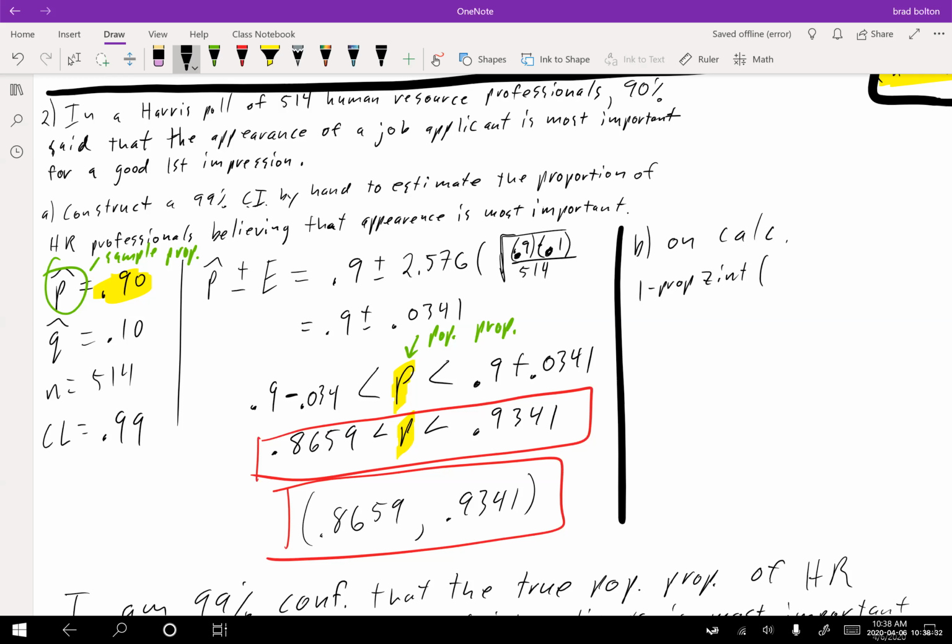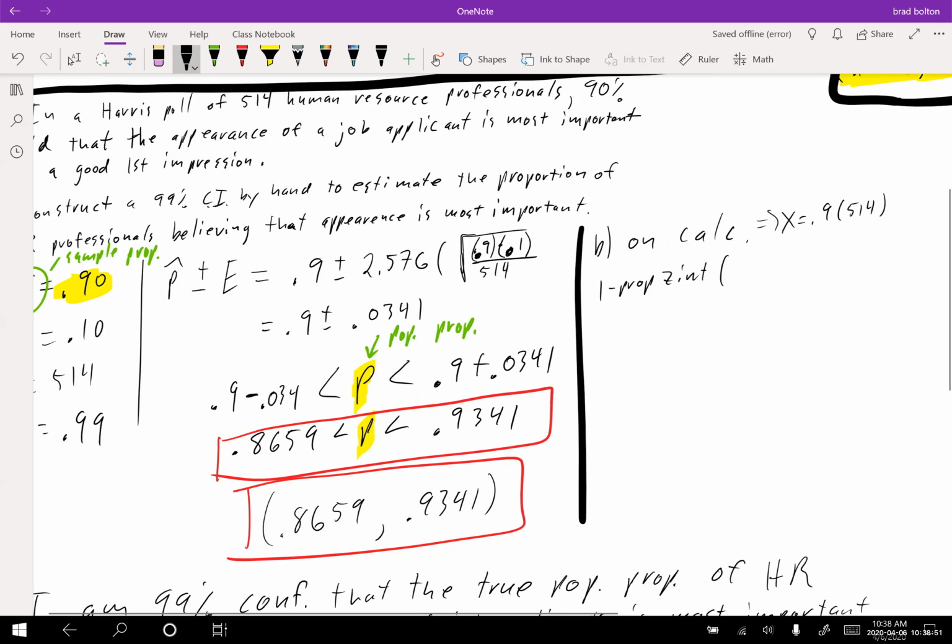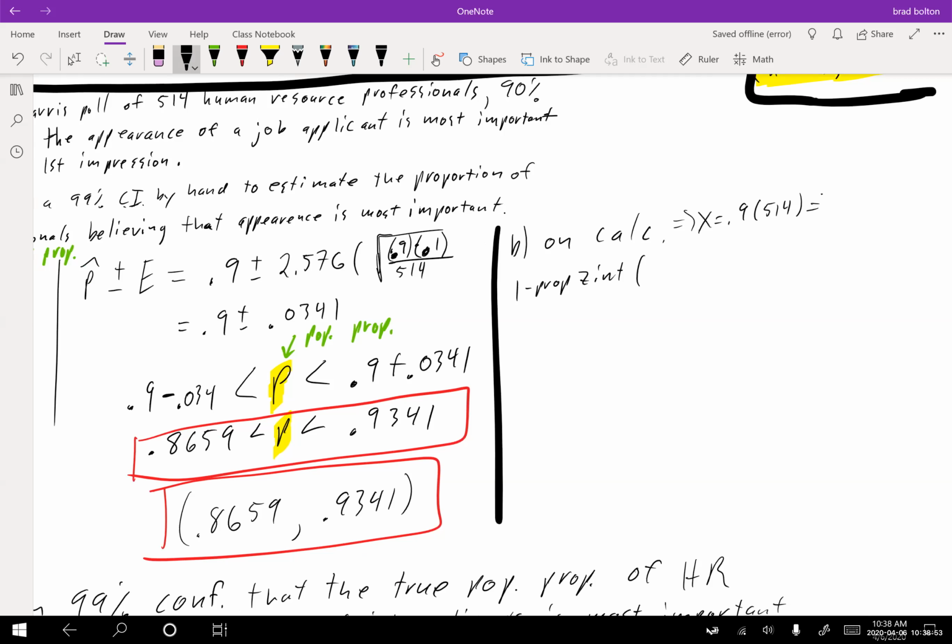Now, they told us 90%, so once again, we're gonna have to come up with 90%, so 0.9 times 514, because we need to come up with how many. So I'm gonna use X equals 0.9 times 514, okay? And I get 462.6, so let's use 463.